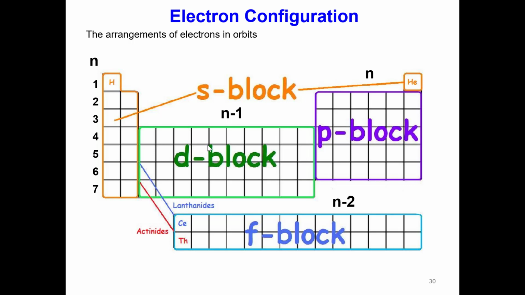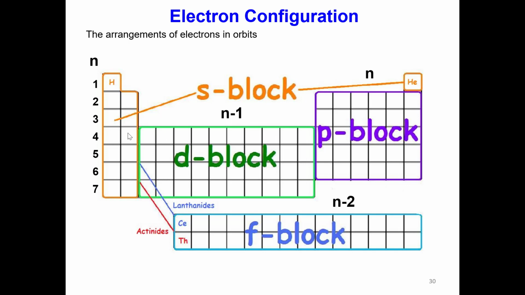And one important thing we need to identify in the periodic table is that the rows are related to the main orbital or the principal quantum number n. Then the first row is 1. The second row corresponds to the orbital number 2. The third corresponds to orbital number 3. For row 4, we have to be careful.